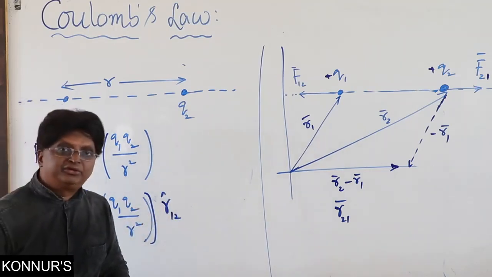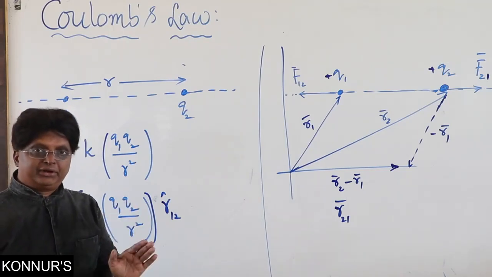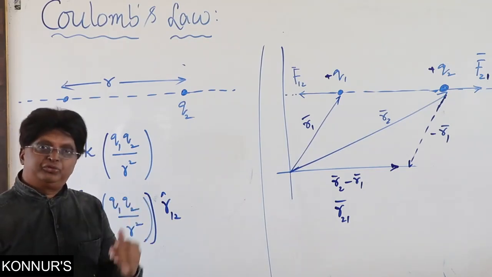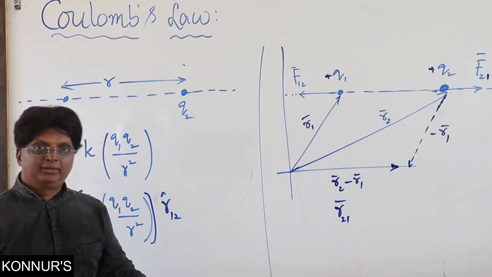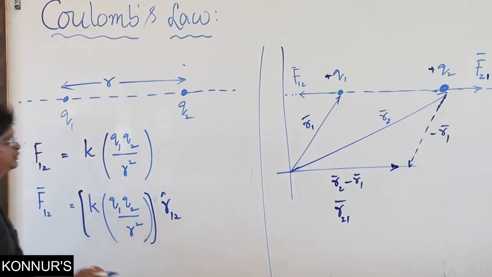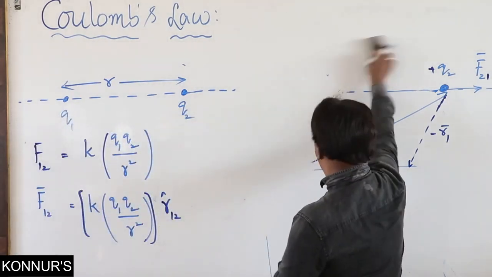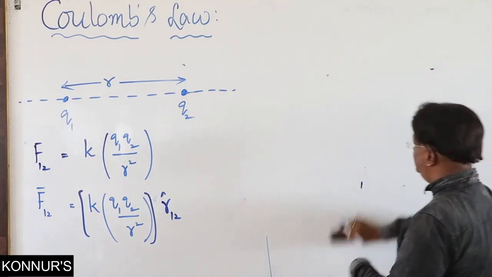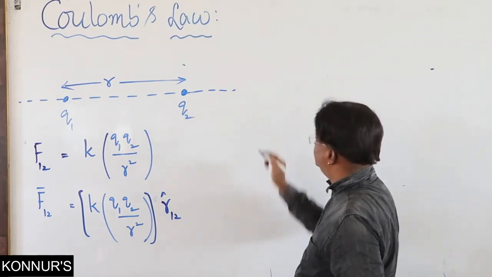And what is the definition of unit vector? We have defined it as, if A bar is a vector, A bar by magnitude of A bar is what is called the unit vector along A bar. Therefore now this R12 cap is nothing but R12 bar by R, the scalar.